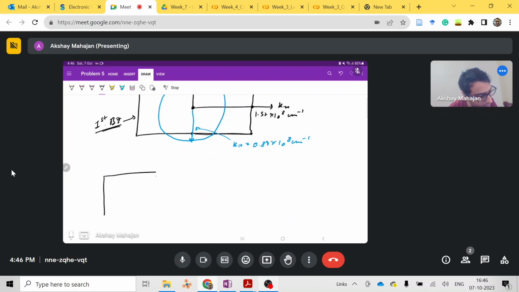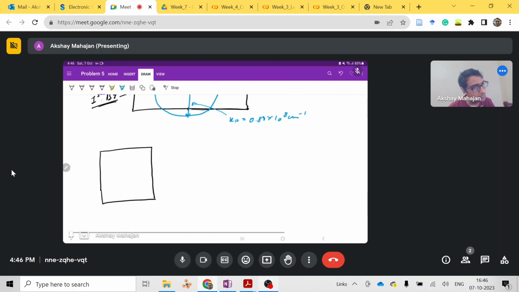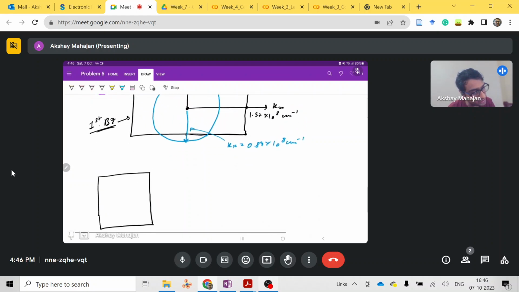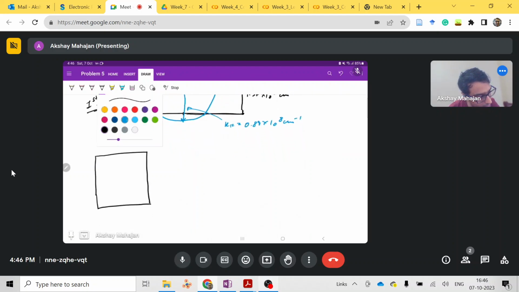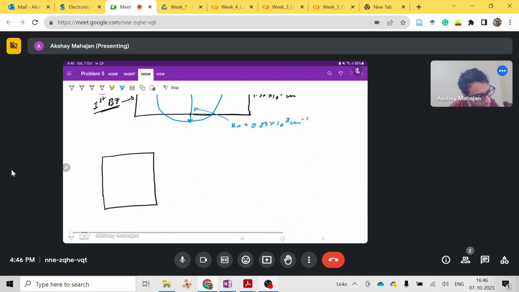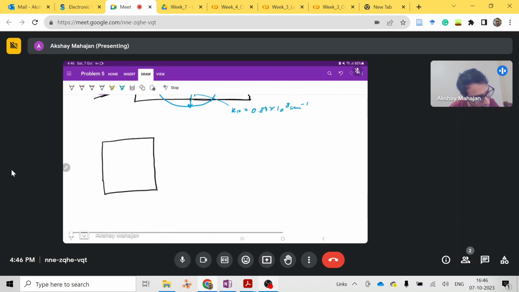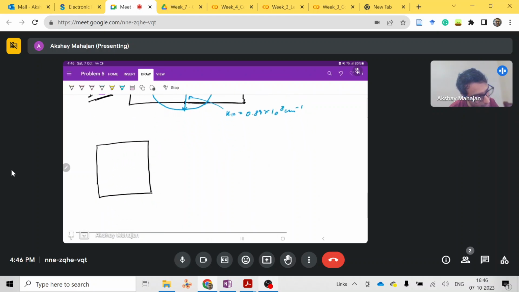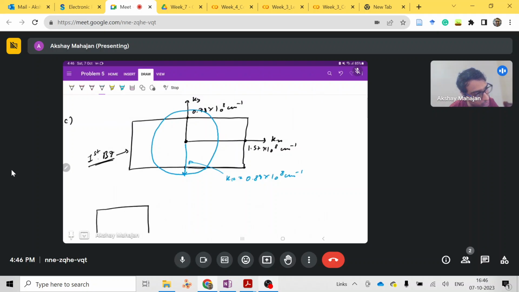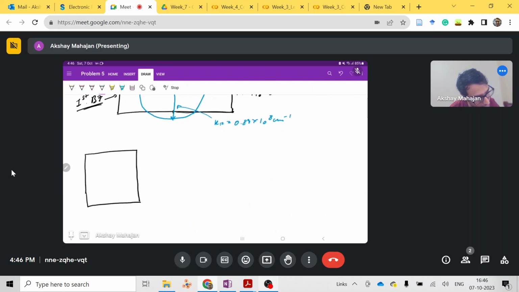Let me just make it for the first band. For the first band we will have this thing here, but it will come more into this area. So what you will have is something like this, right?